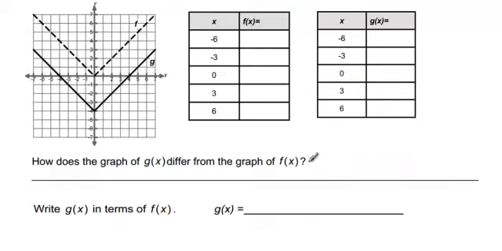Okay, so let's take a look at this, where we have a graph. Here we have function f, and here we have function g. So we've got a couple of tables here we can fill out.